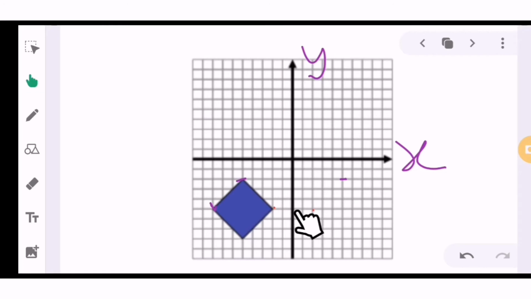So we do the same. 0 there, 1, 2, 3, 4, 5, 6, 7, and 8 here. So we have our point that side. Okay, then finally we have this point down here. That is also the same as the point on top, and we can look at the distance and plot our point here.